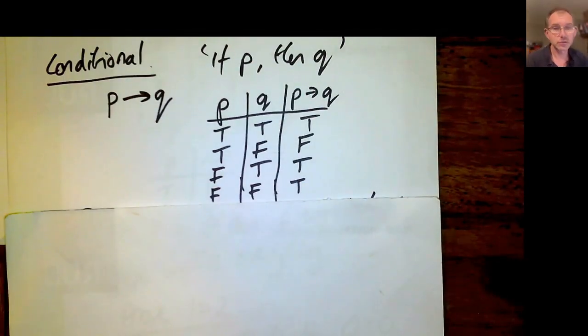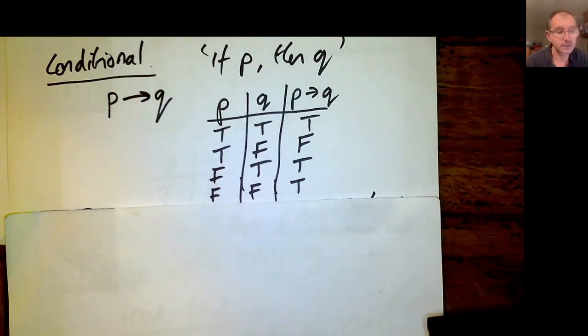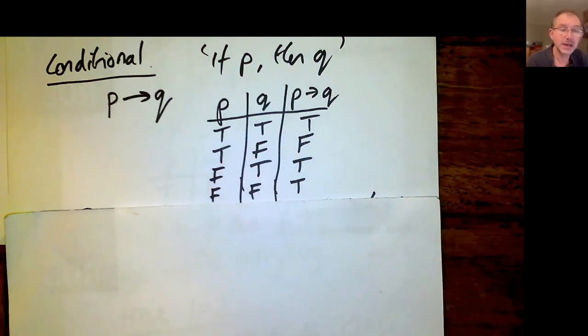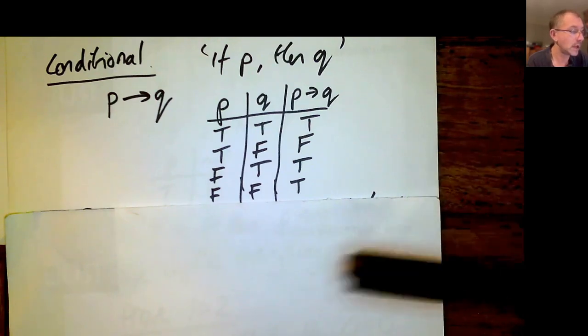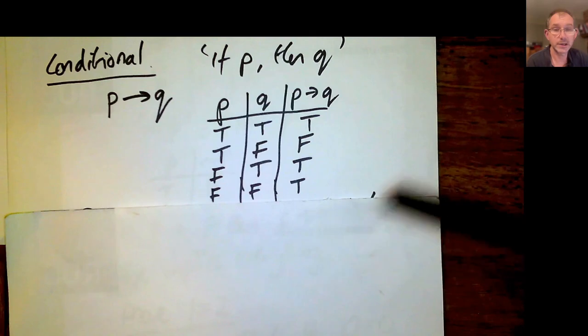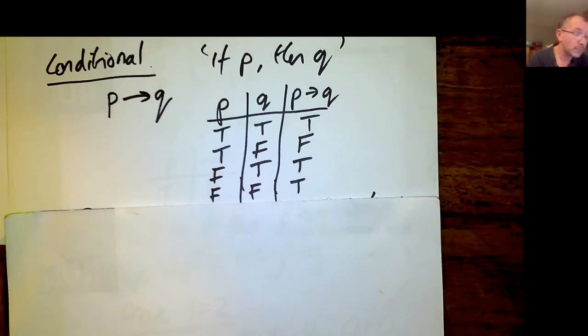Okay, I just want to draw your attention to a feature of this table. If P is false, then it doesn't matter what Q is. This implication is always true. This can create some rather weird situations.